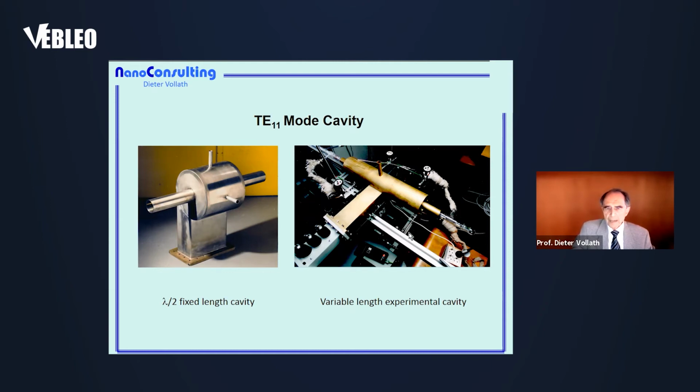For experimental purposes, it may be of advantage to use a resonant cavity with variable length, but in most cases, one won't have too much advantage.